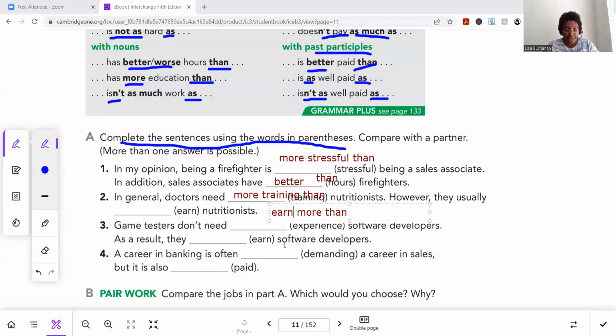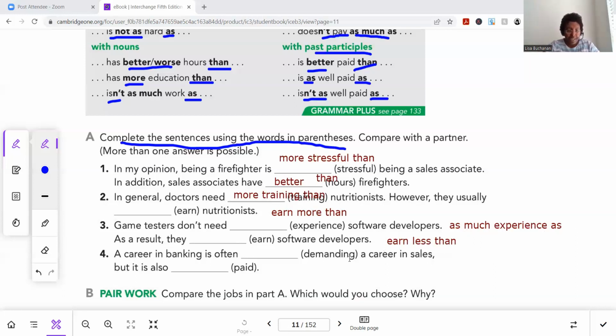Then we have number three. Game testers don't need as much experience as software developers. As a result, they earn less than software developers.